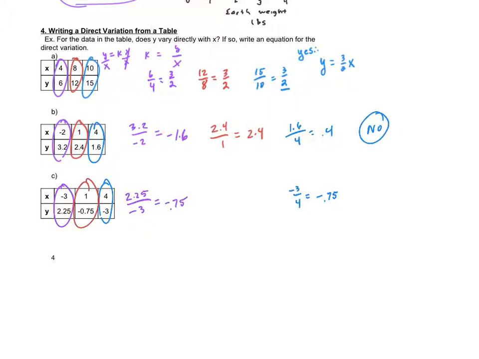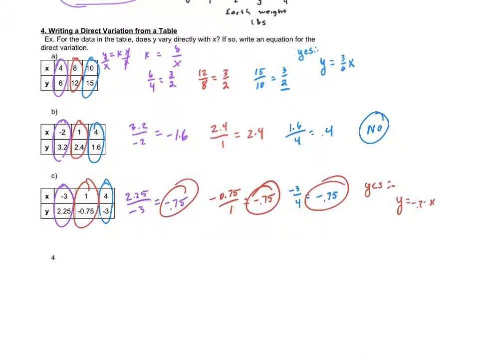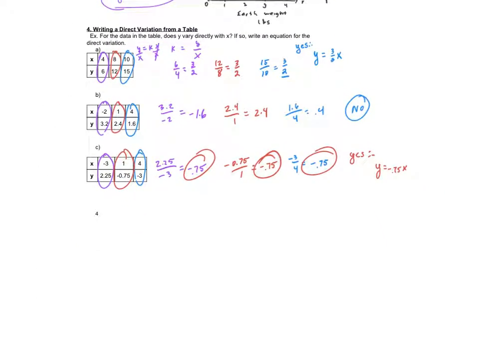And I also have -0.75 divided by 1, which is -0.75. So yes, I do have a constant of variation, and therefore the equation is y equals -0.75x. So there you have it. We were able to create that direct variation equation from a table.